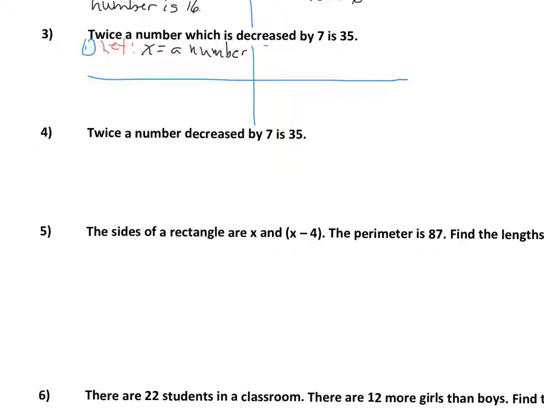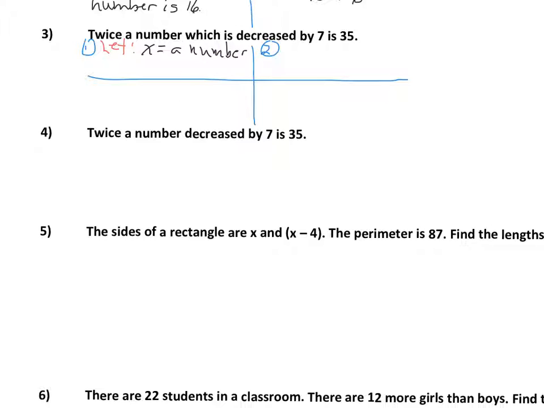Part 2, let's write our equation. You'll notice that problem 3 and problem 4 look almost identical. Twice a number which is decreased by 7 is 35. Twice a number decreased by 7 is 35.